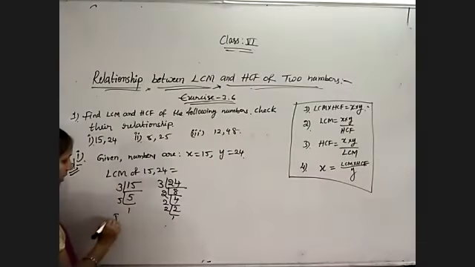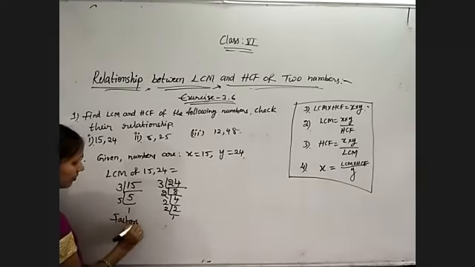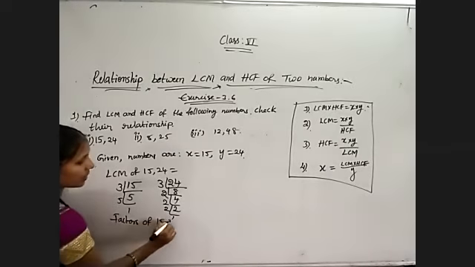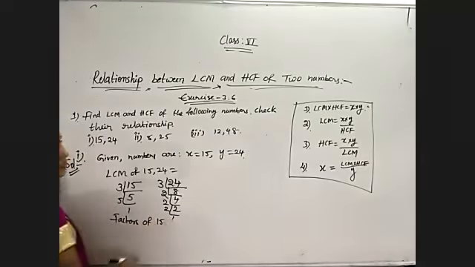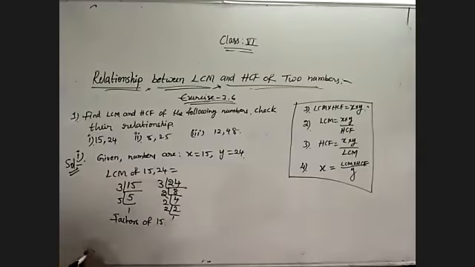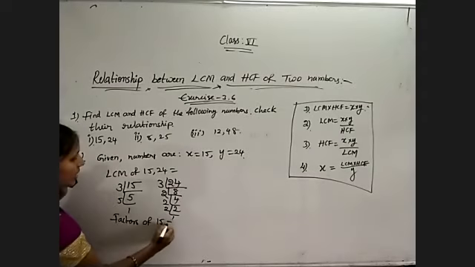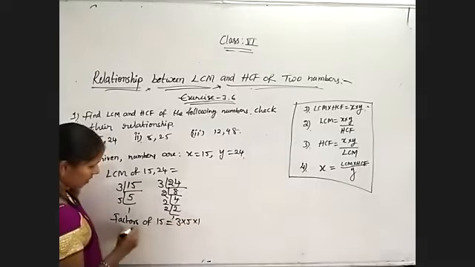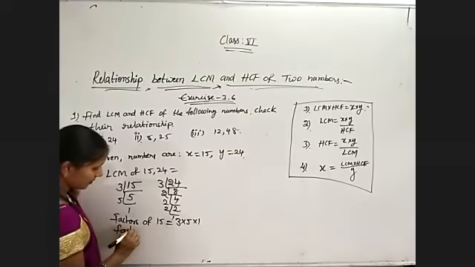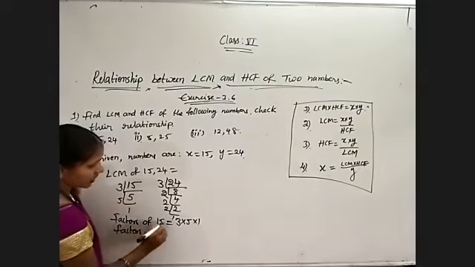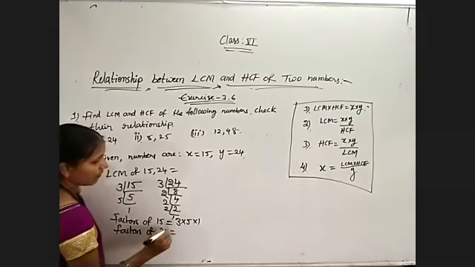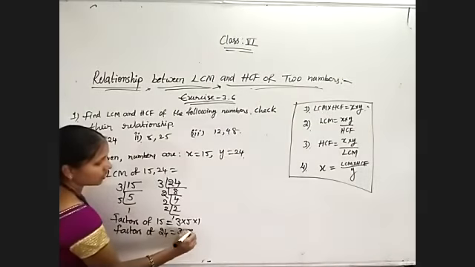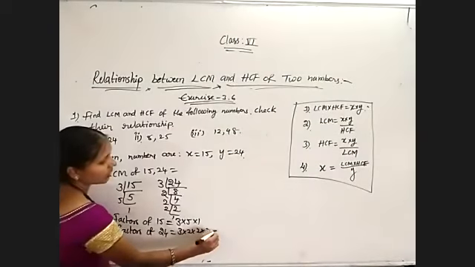Now factors of 15: 3, 5, 1. And prime factors of 24: 3 into 2 into 2 into 2 into 1.